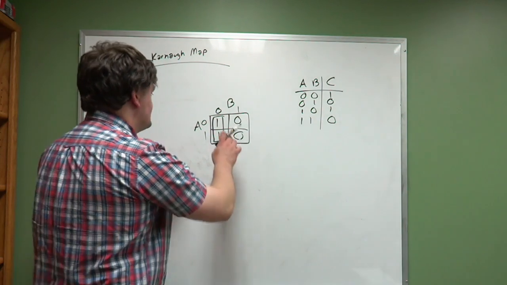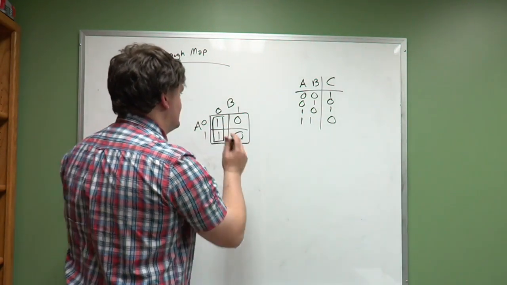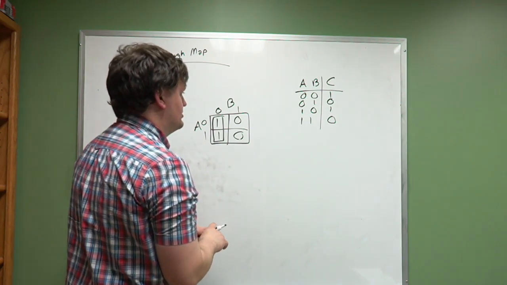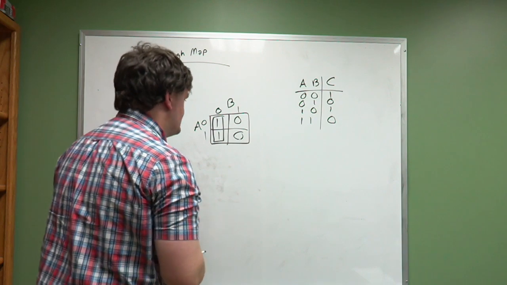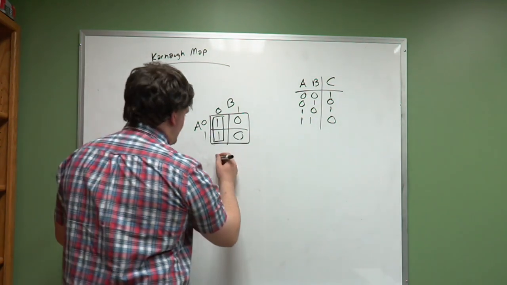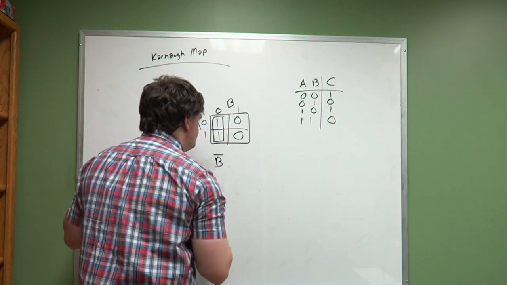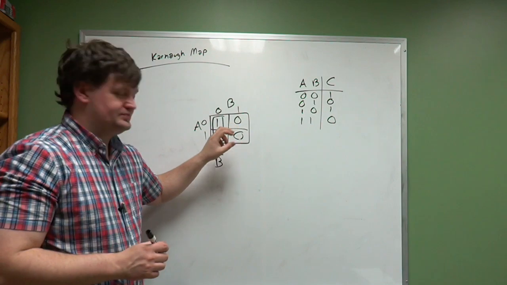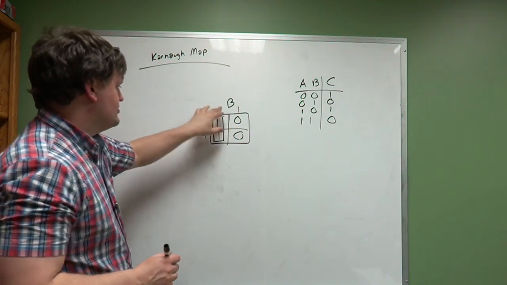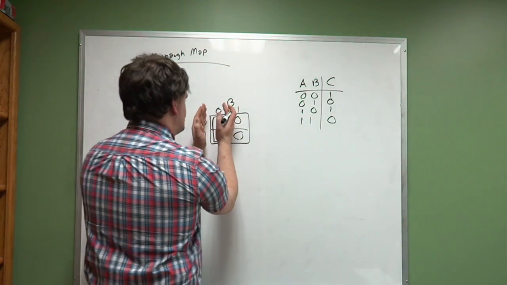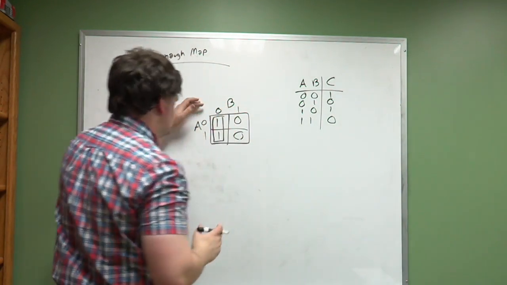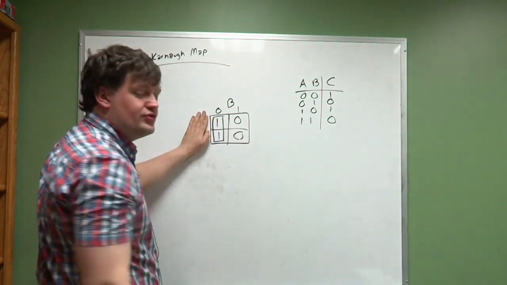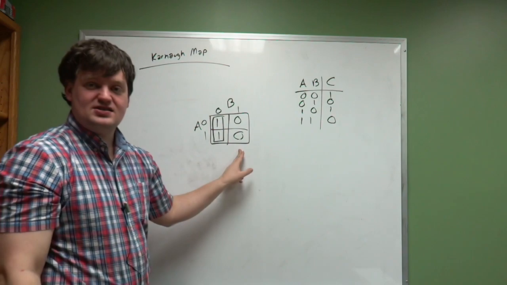This is represented by B not. If B is off, we have two ones here. Okay? So the one thing that unifies these ones is they're all in this column right here. It spans the entire table, regardless of what A is. If B is off, it is 1. If B is on, it's 0.